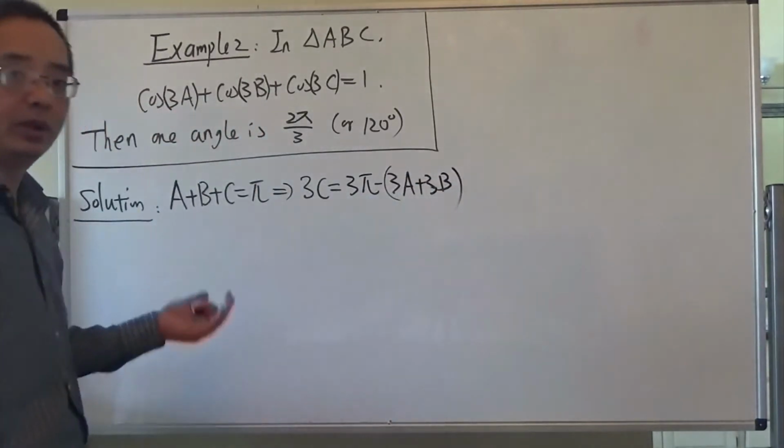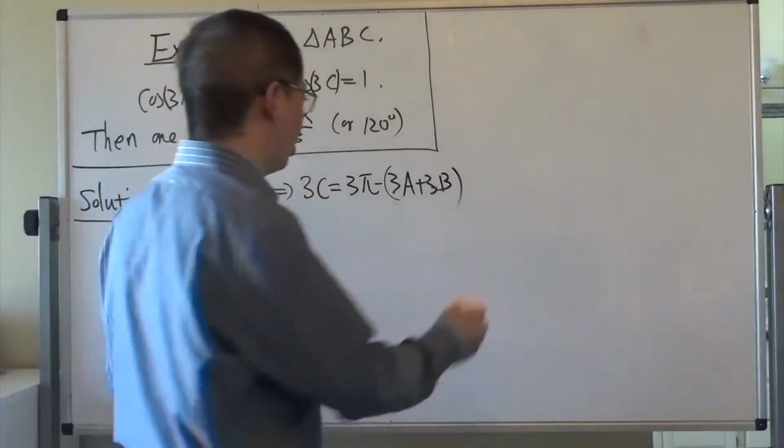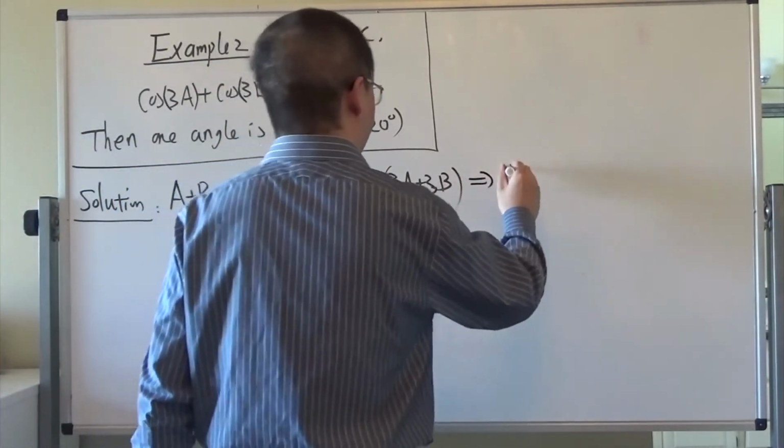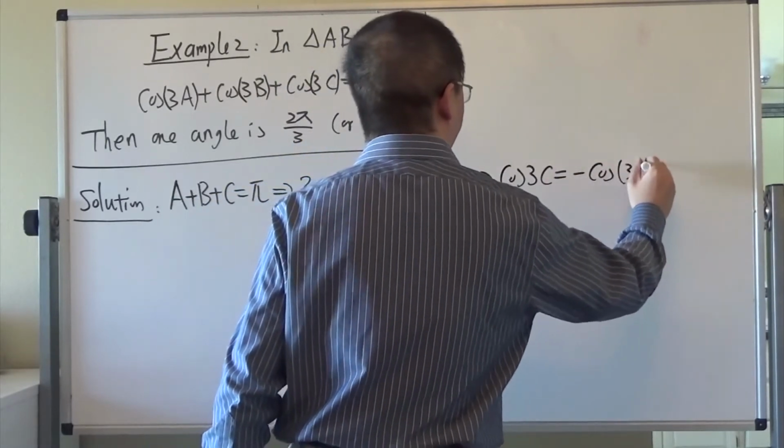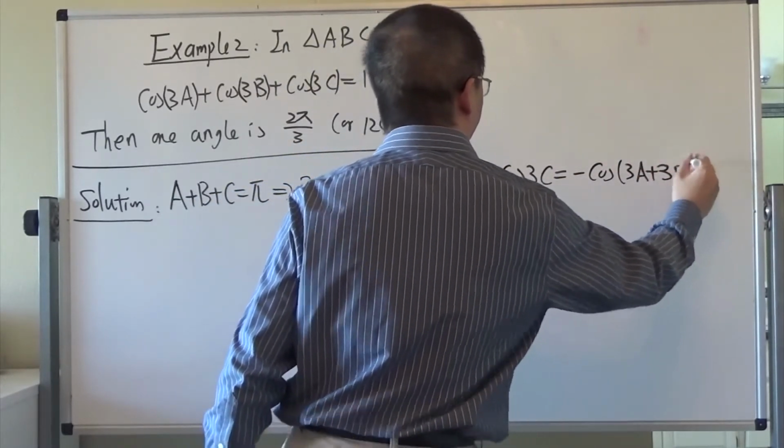And then we can use the trigonometric identity associated with the cosine function. This tells us cosine 3C equals negative cosine of 3A plus 3B.